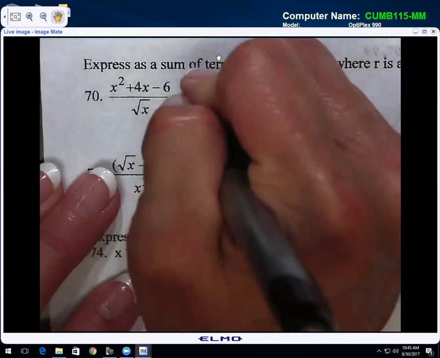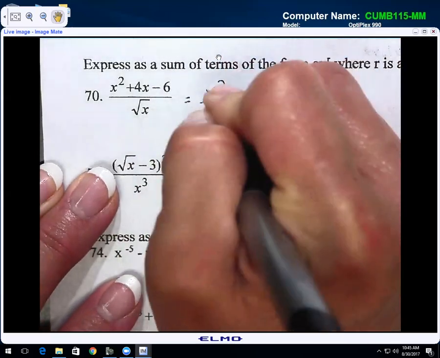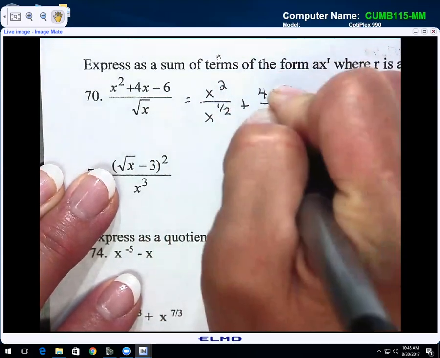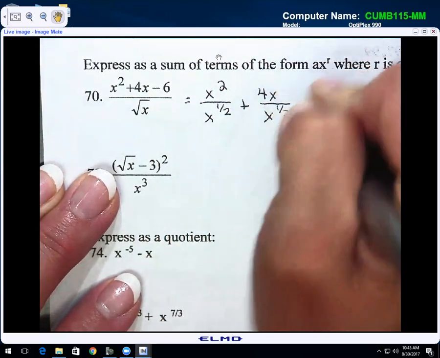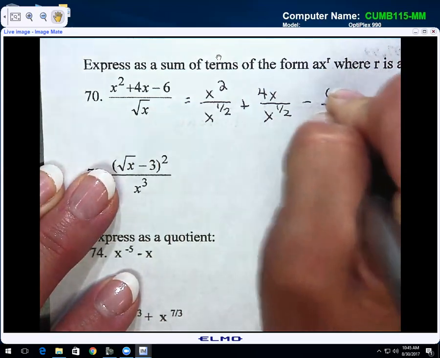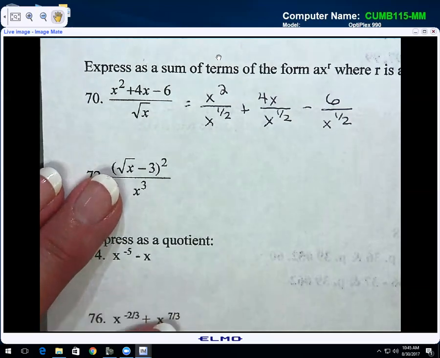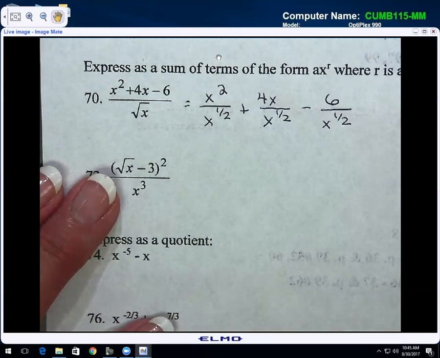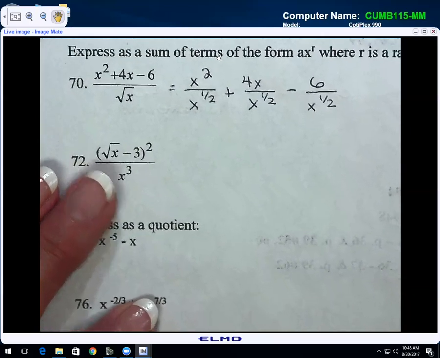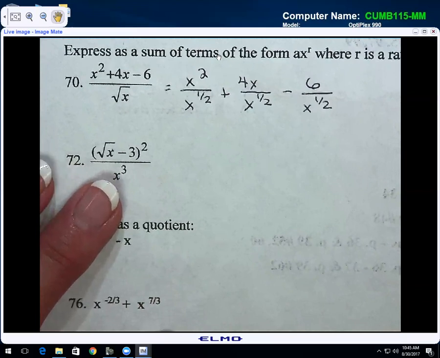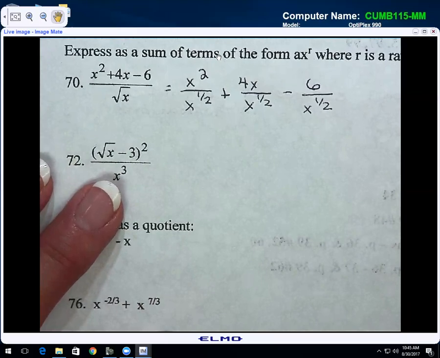So I'm just going to divide all 3 terms by x to the 1/2. Is that legal? Is that equivalent to what's on the line beside it? Yeah, I just wrote it a different way.